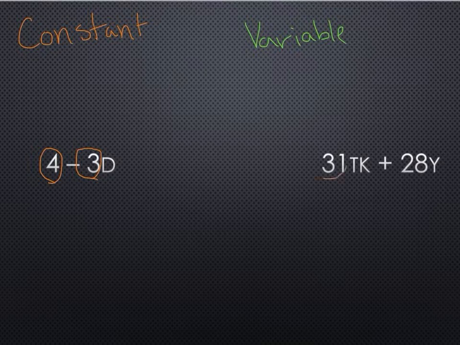Here it'd be 31 and 28. Our variables here are D, and that's it. Here we have T, K, and Y. So our constants are 4, 3, our variable is D. Our constants here are 31 and 28, our variables are T, K, and Y.